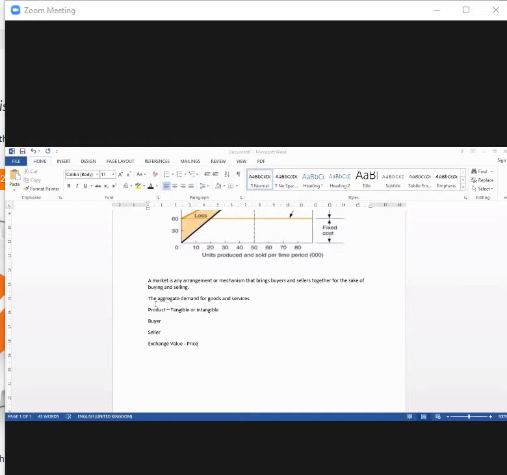So the presence of these four things makes a market. No matter where they are located, when these four things are present, you can say there's a market. Do you agree with me? Yes, sir, we do. So there's a product, a buyer, a seller, and an exchange value for the product.